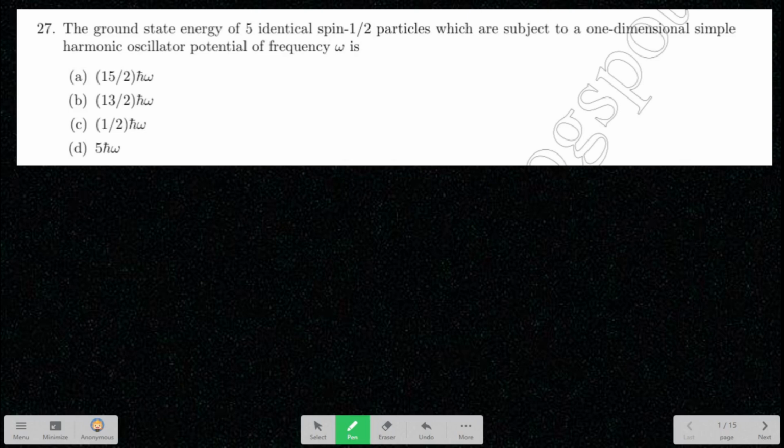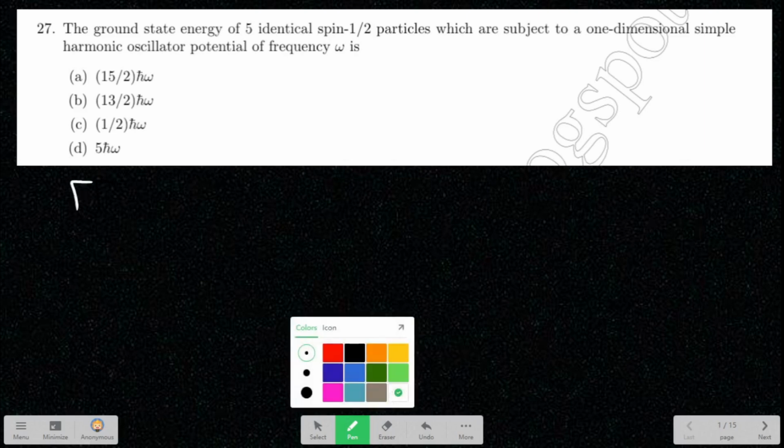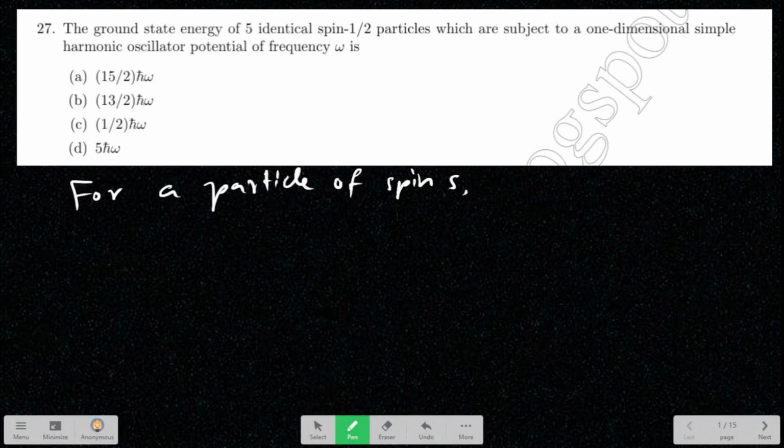We know that identical spin half particles obey Pauli exclusion principle, which states that for a particle of spin S, 2S plus 1 particles can be put into one state.